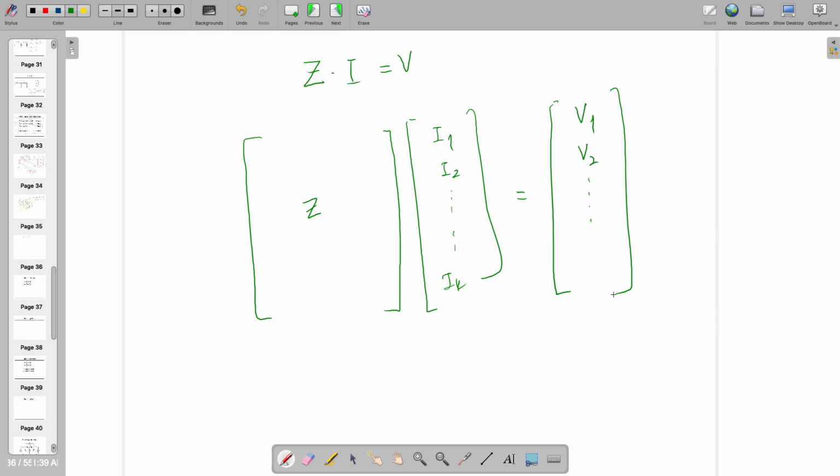Okay. So when you are interested in writing down V2, how are you going to write down V2 in terms of this whole matrix? You are going to pick up the second row, the complete second row, which will be multiplied with I1, I2, I3.